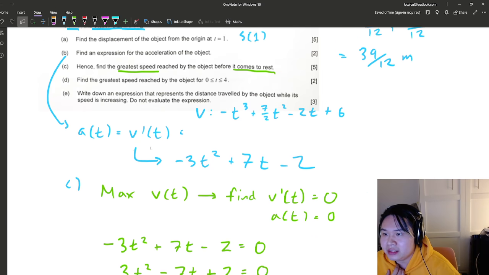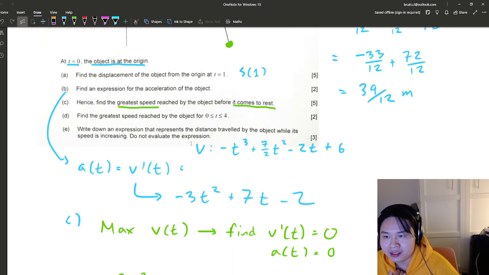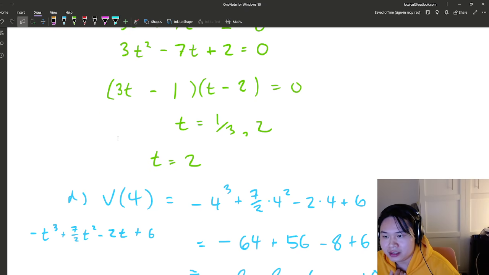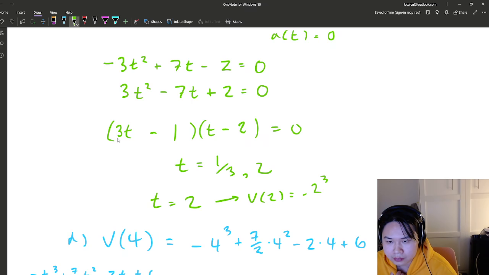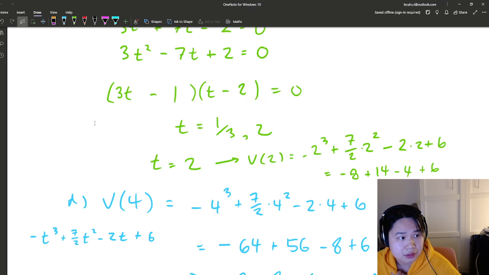Okay, I did not find the greatest speed. I just found out when the greatest speed was, so my bad. I also need to figure out what v of 2 is. Oh shoot. Okay.